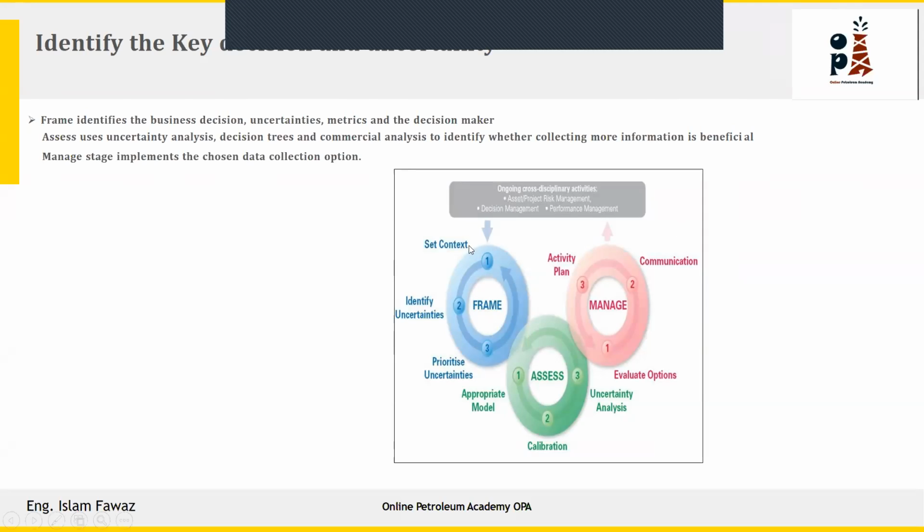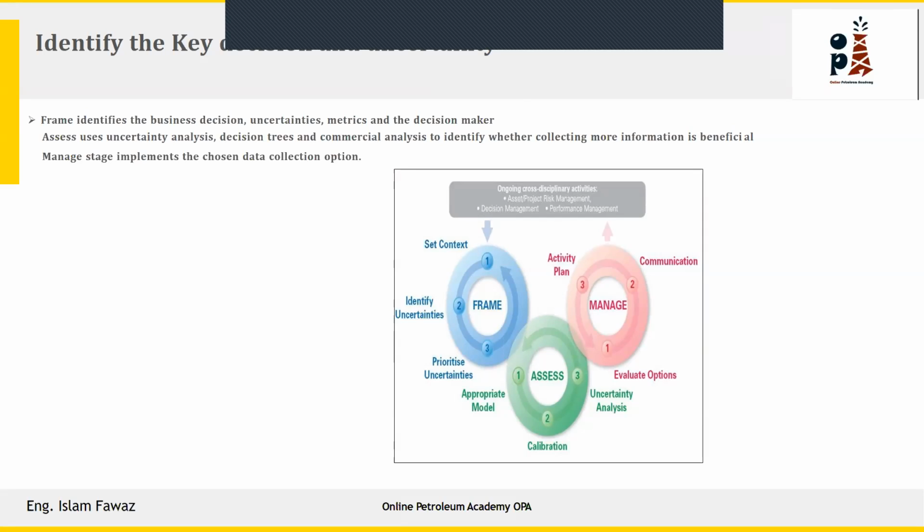We start from setting the context, then identify the uncertainties with your fields, prioritize them, and then assess the value by an appropriate model or calibration using the uncertainty matrix. Then we manage by evaluating alternative options and communicating with other disciplines and your management, and then we go to perform a work plan for the company.